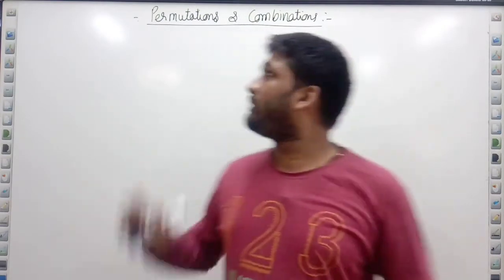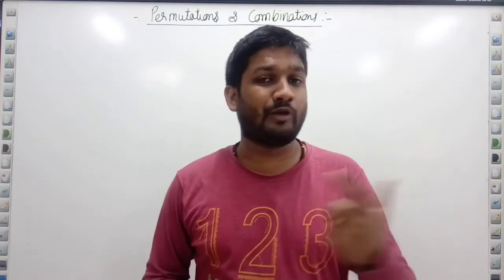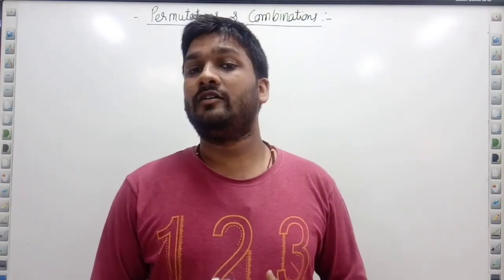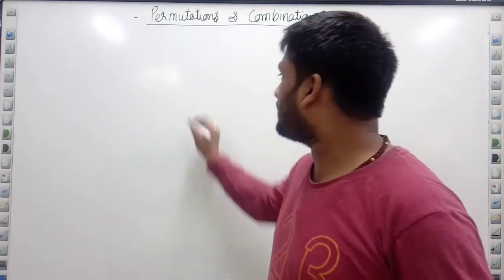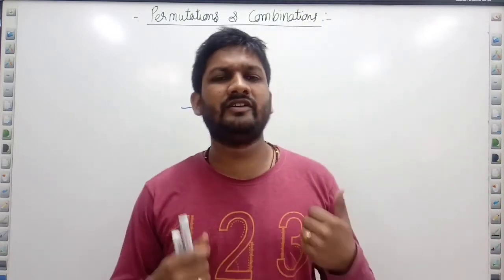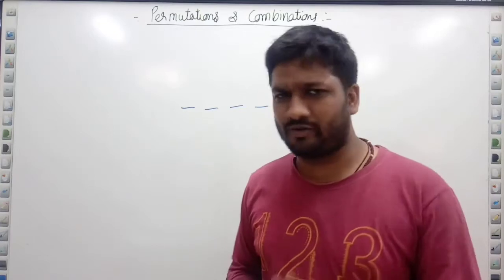Now to understand permutations and combination, I am telling one example. Listen properly. Suppose I want to open a lock of 4 digits. Generally we have a lock in a suitcase, bank lockers, any locker you can say.